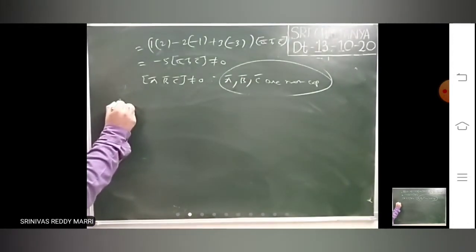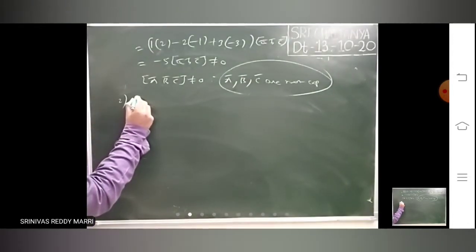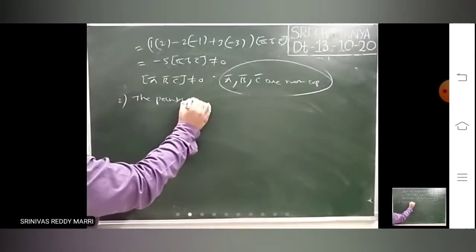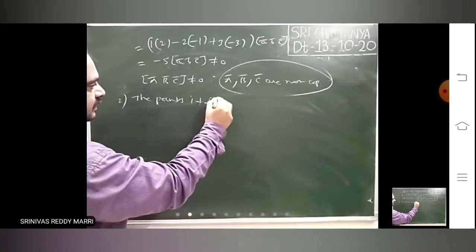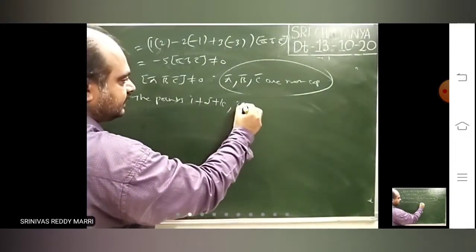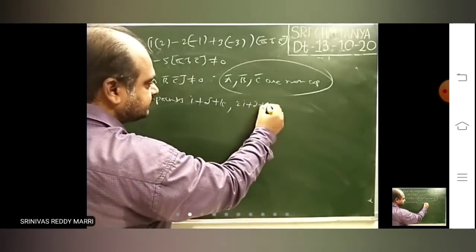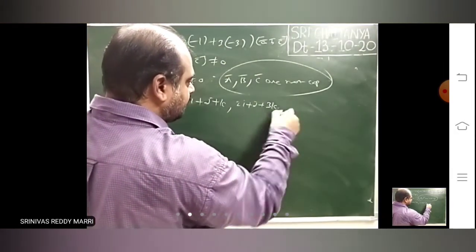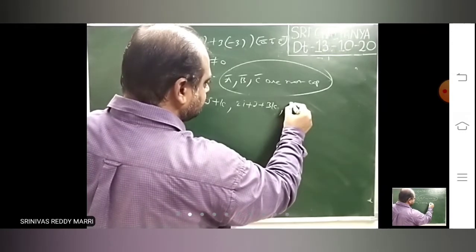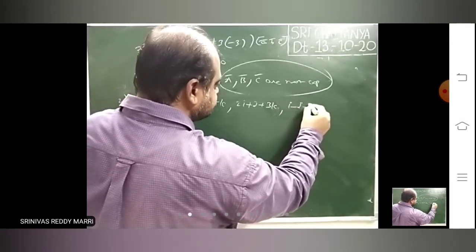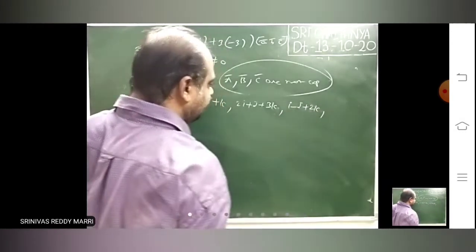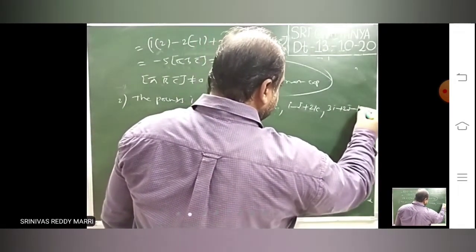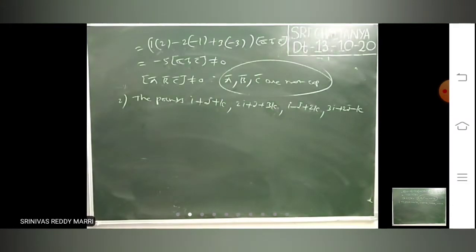Second, the points I plus j plus k, 2i plus j plus k, plus 3k, comma, I minus j plus 2k, and 3i plus 2j minus k are given.